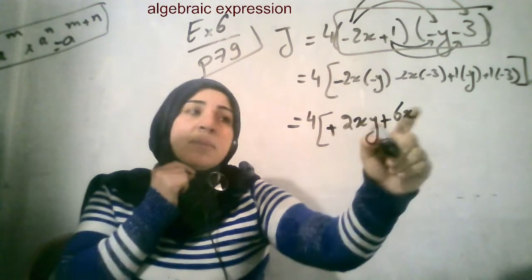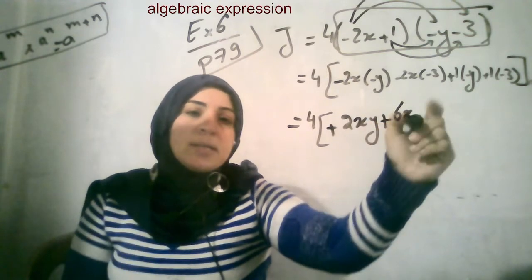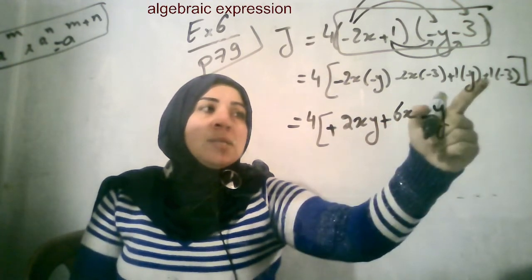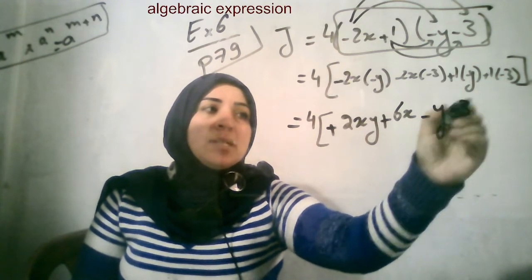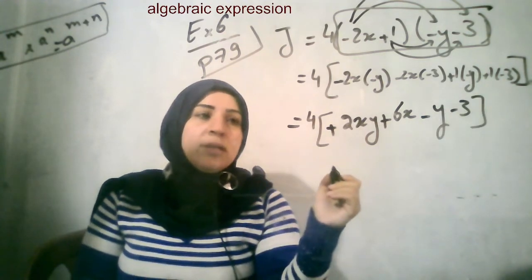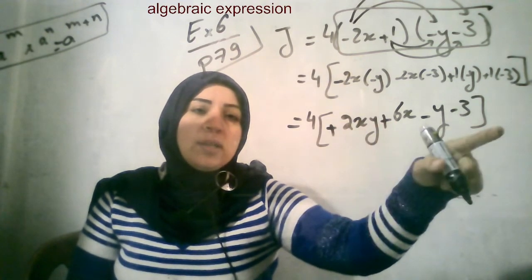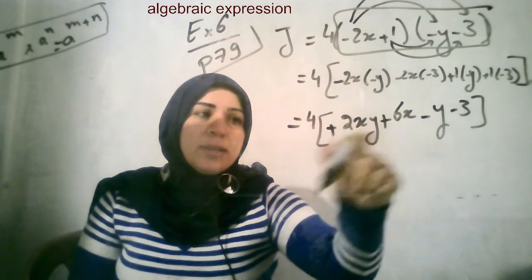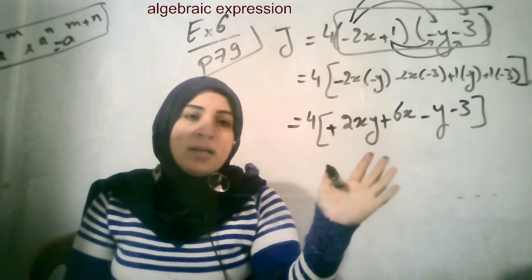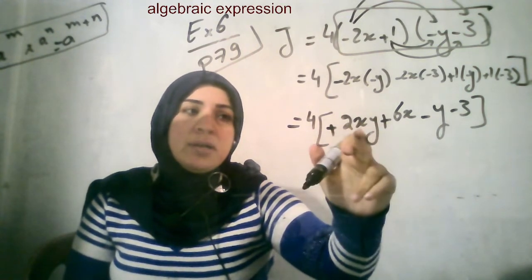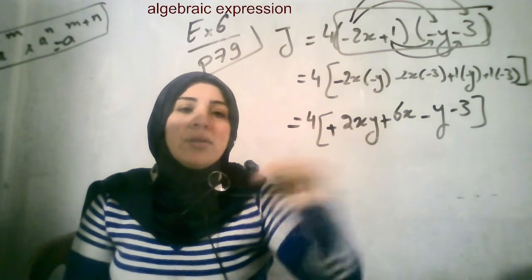Again, plus 1 into minus y, plus times minus is minus, and 1 times y is y. Plus 1 into minus 3 is minus 3. Okay, here what do we have? xy, x, y, and 3. We can't add or subtract them. They have different variables. Here x is multiplied by another variable.